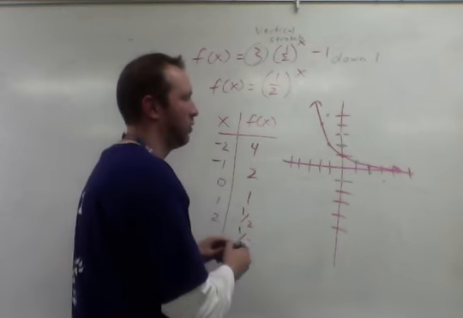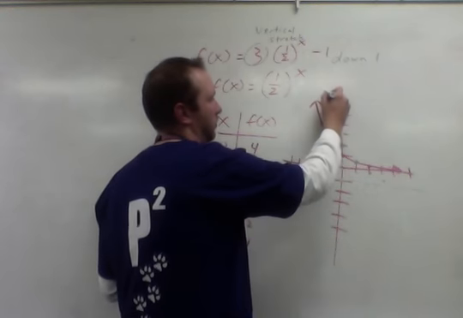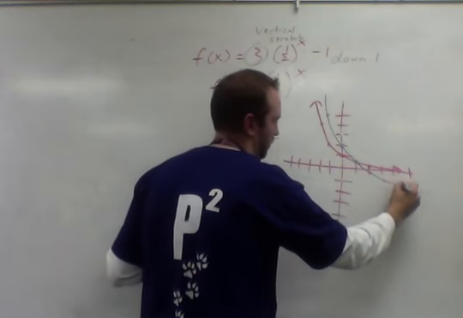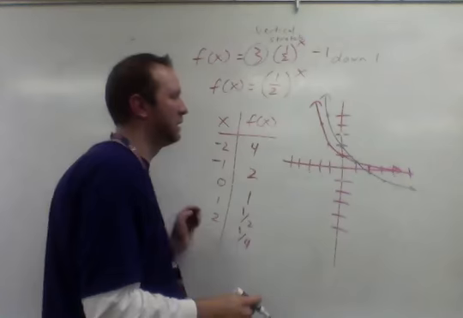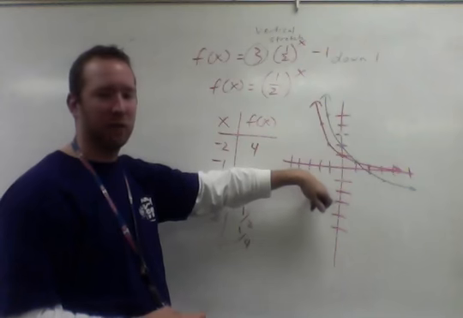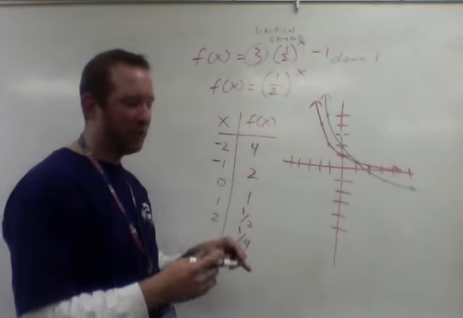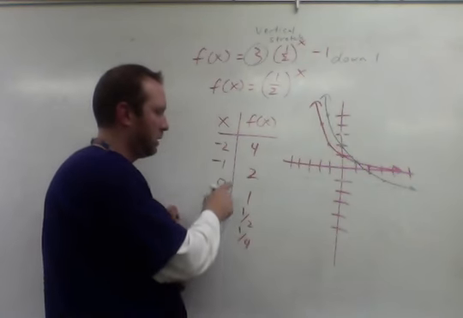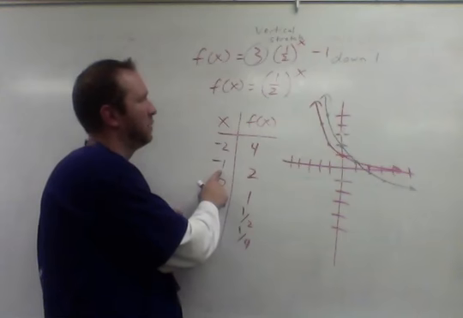So when I sketch my new graph, a little bit steeper, because of the stretch, and then shift it down 1 so I have a horizontal asymptote at -1 instead of at 1. Again, I could check some points. Let's put in -1 and see what happens.